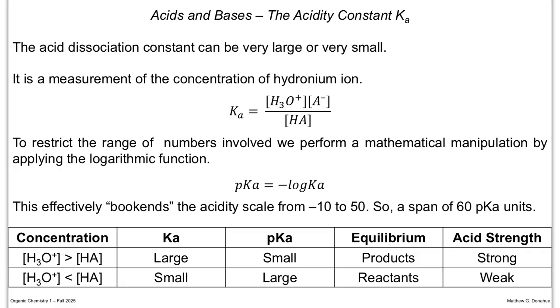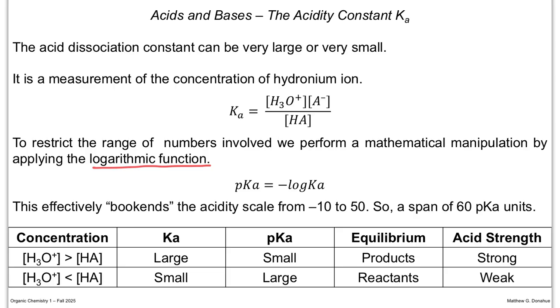So again, these numbers can get really ginormous or really infinitesimal, and so we want to normalize it. The mathematicians came up with this first, and the other scientists started to use it to really scale things so they're understandable in terms of the numbers, and that's the logarithmic function.